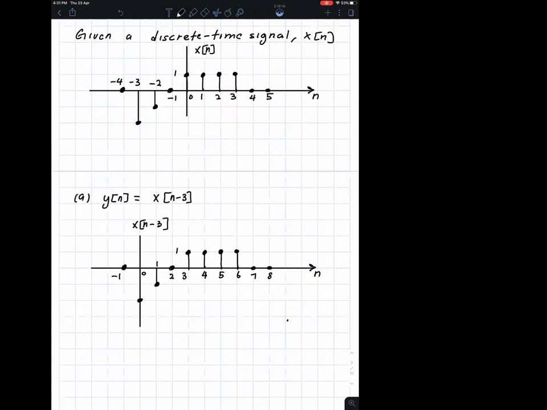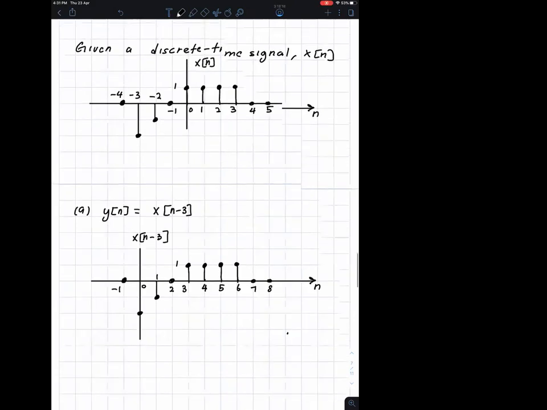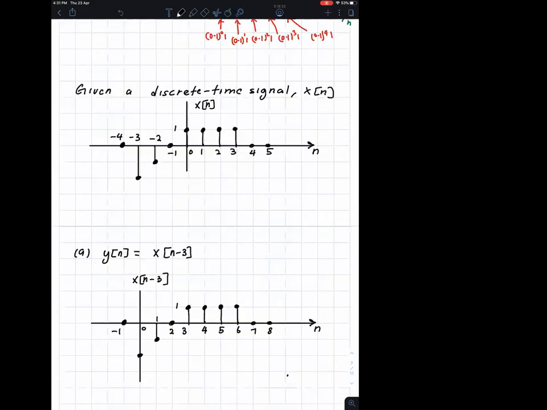Please make sure that you mark all the amplitudes correctly. This is -1, this is -3, -3.